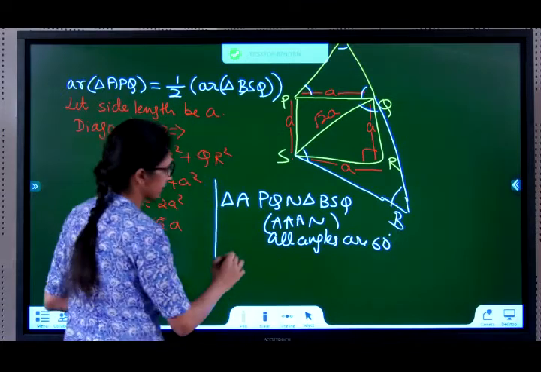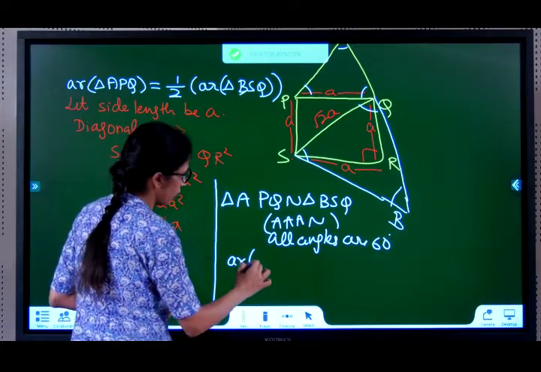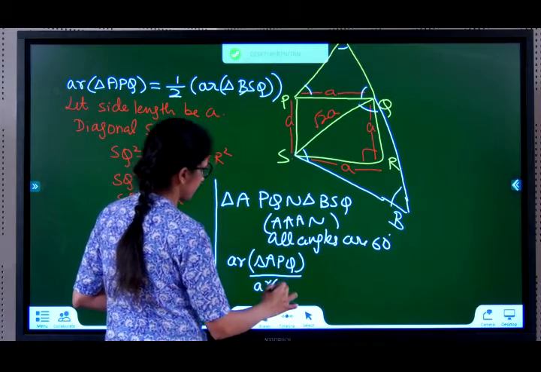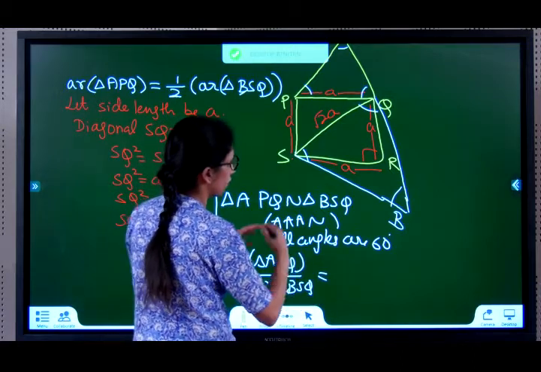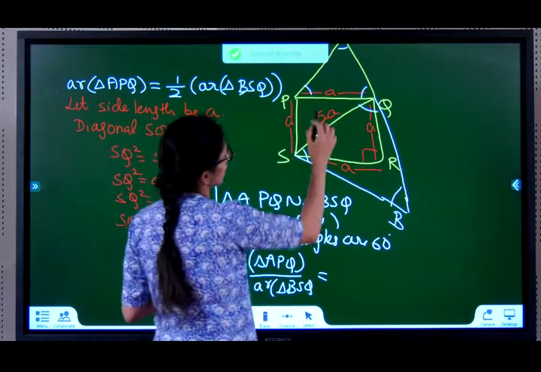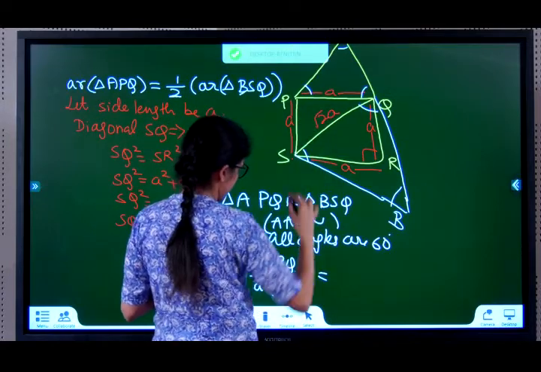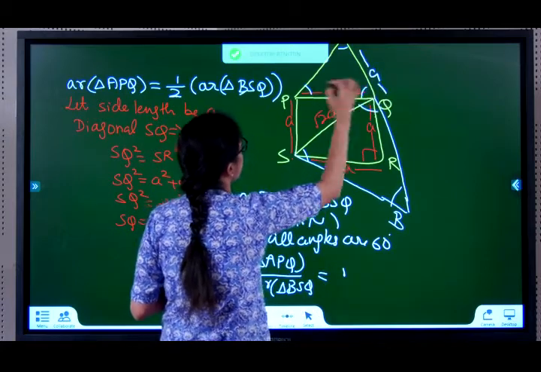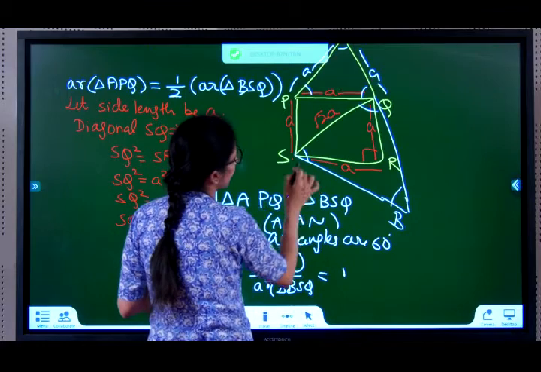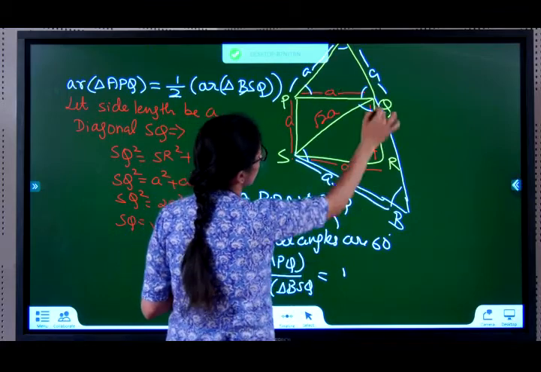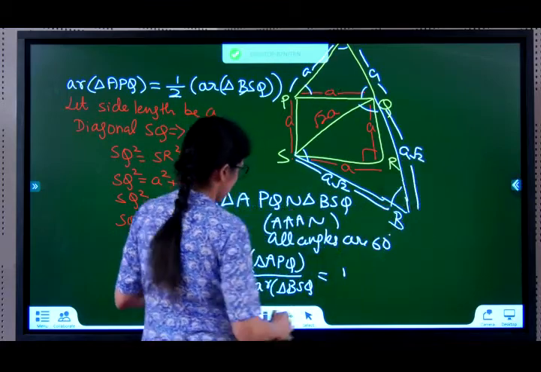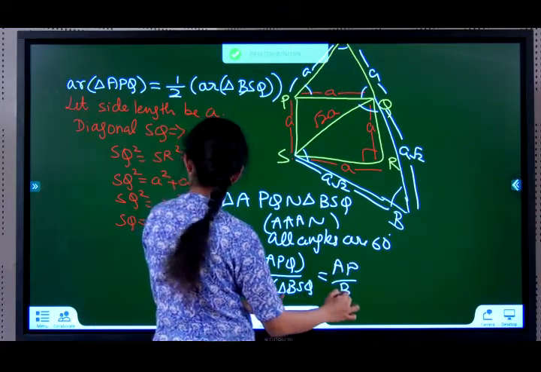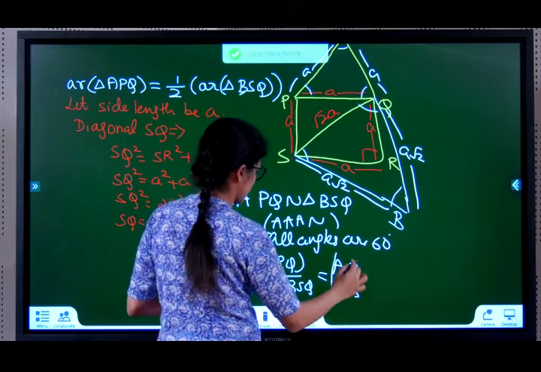So since all angles are 60 degree, can I say area of triangle APQ by area of triangle BSQ is the ratio of the sides square. Let this be PQ. All of them are AAA, and here every side is A root 2. So take any corresponding side, let's say AP by BS whole square.